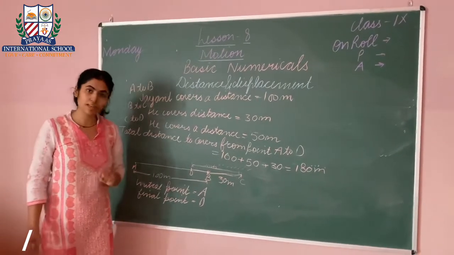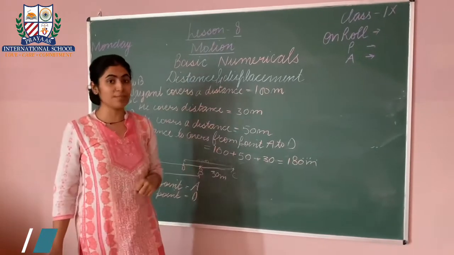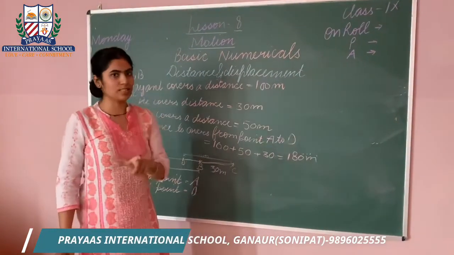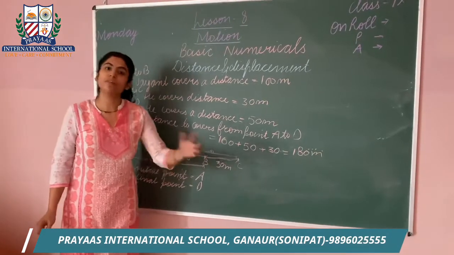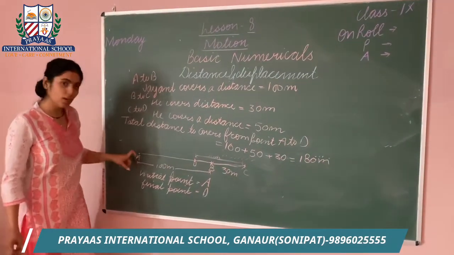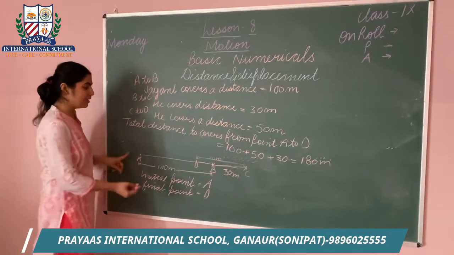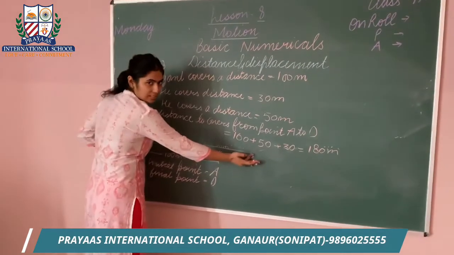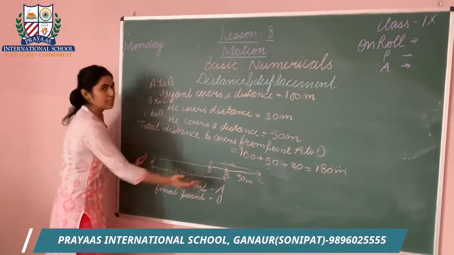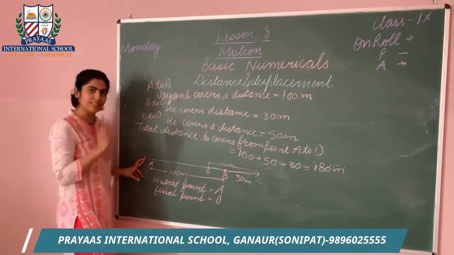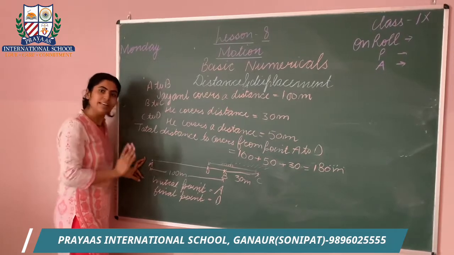And the displacement, we have already read, is the shortest distance from the initial position to the final position. That is A to D. Directly it can be found: the total was 130, and if this 50 is subtracted, the displacement, the shortest distance from A to D, can be calculated.